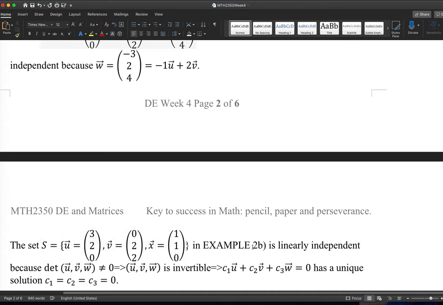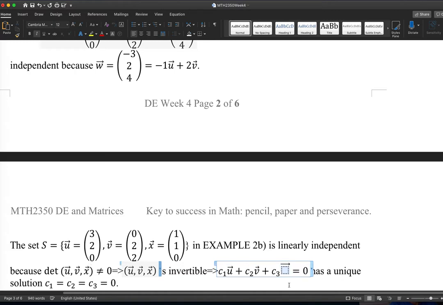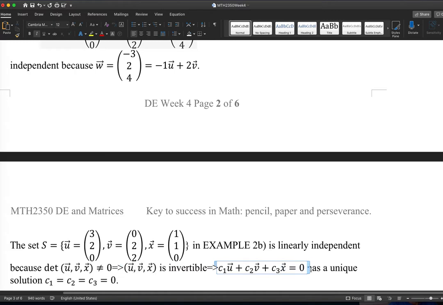And we verified in part B, X is not a linear combination of U and V. So indeed, this time the set UVX is linearly independent because, as we already verified, X cannot be written as a linear combination of U and V.